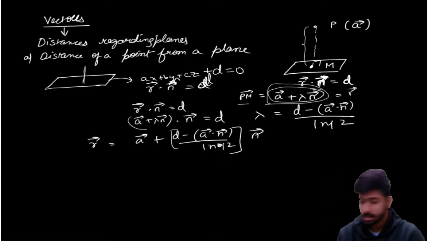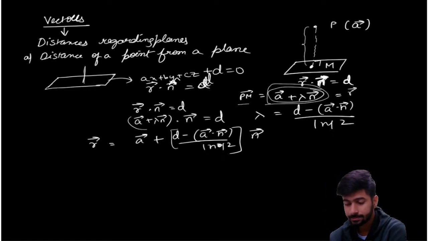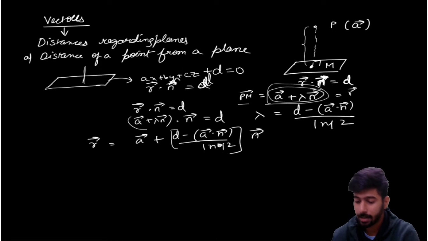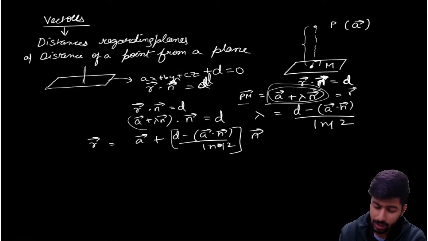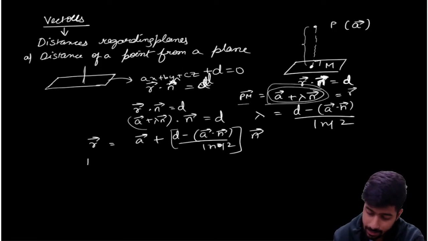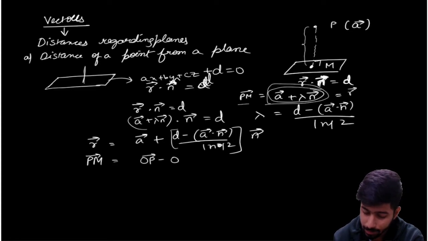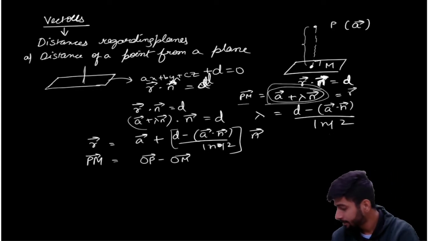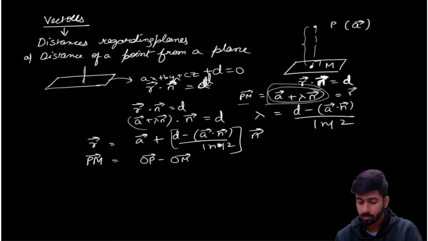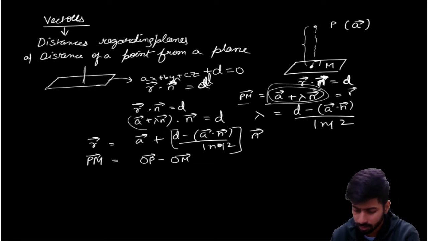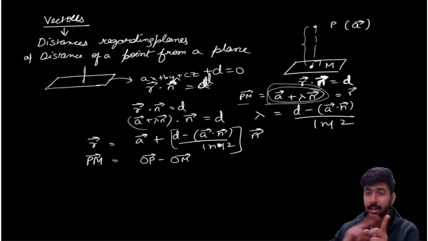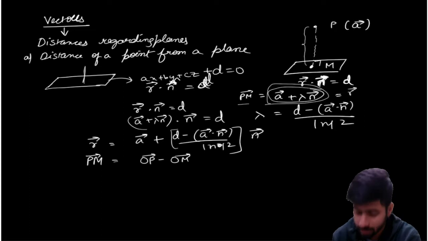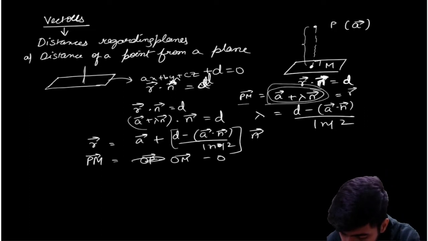This is essentially r bar, the position vector of M. But now what I need is the segment PM bar. Starting from P going to M, this is OM bar minus OP bar, not OP bar minus OM bar.